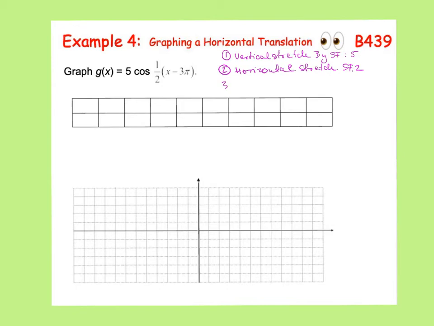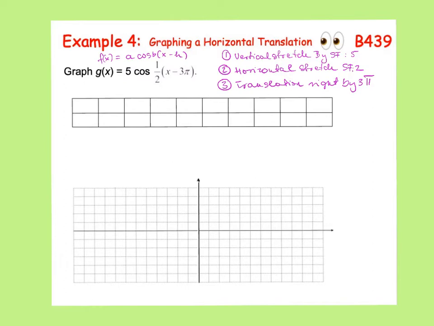And the last transformation is a translation right by 3 pi. So let's write the equation of f of x equals a times cosine of bx minus h.